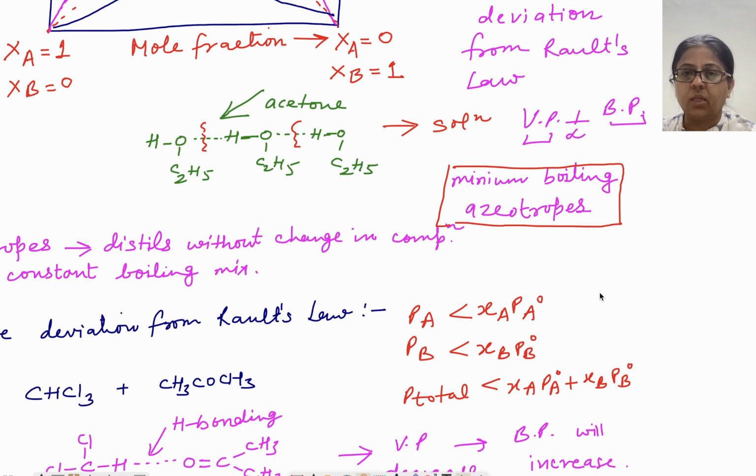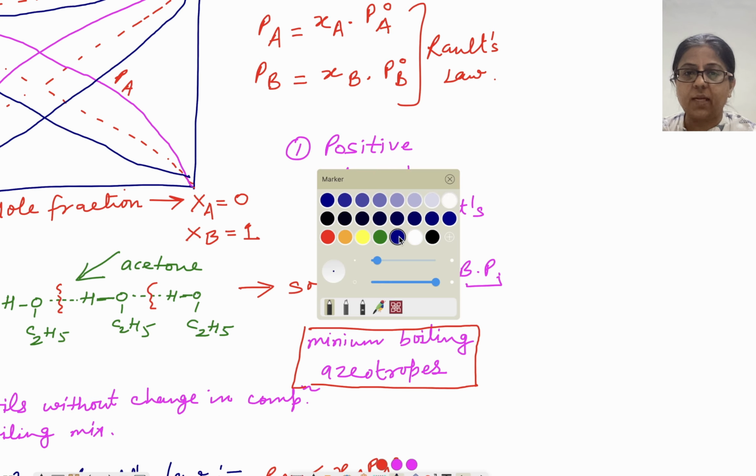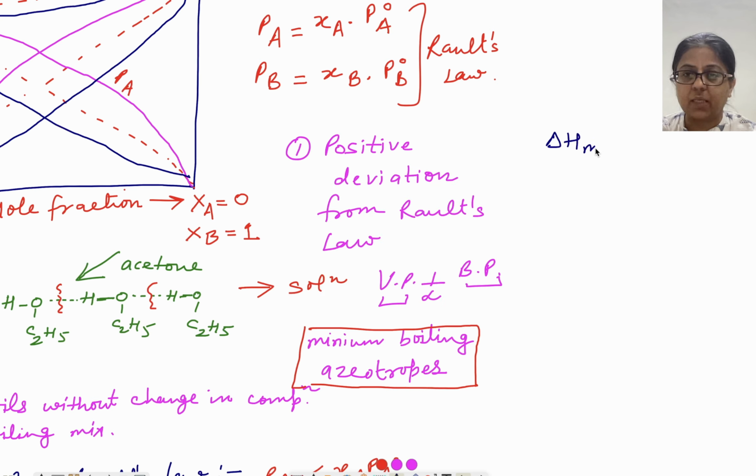But in case of the solutions which show positive deviation from Raoult's law behavior, what will happen here? Delta H mixing, when we mix the two solutions together, will not be equal to 0 and will be negative. Delta V mixing will be negative.